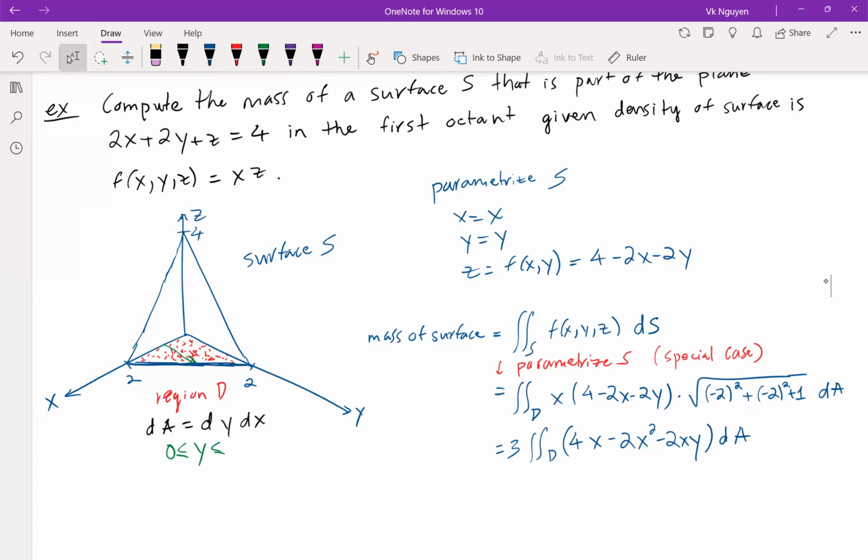This is the line. So y goes from 0 to 2 minus x, and then x, the outermost integral has to be a number, so x is going to be between 0 and 2.